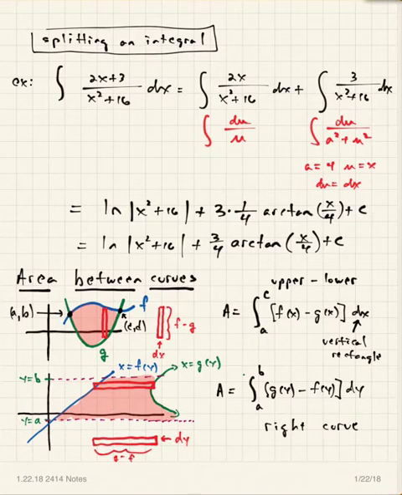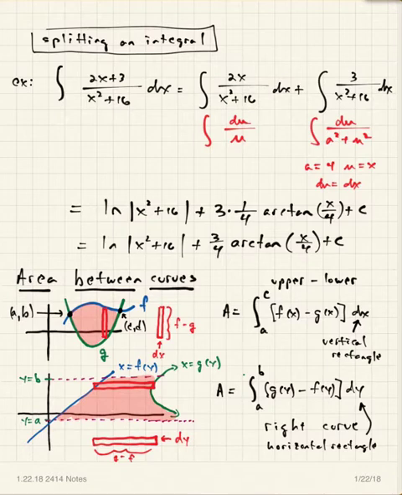On the other hand, if you're using a horizontal rectangle in the region, then you are going to use dy and integrate with respect to y. So you have to make a decision about what kind of picture you've got in the problem.